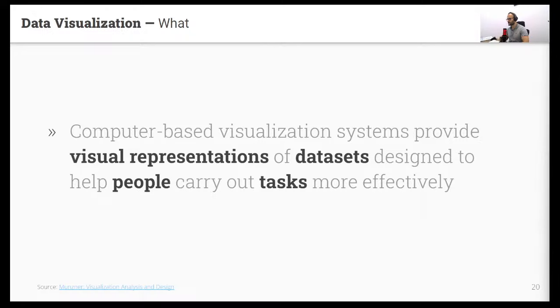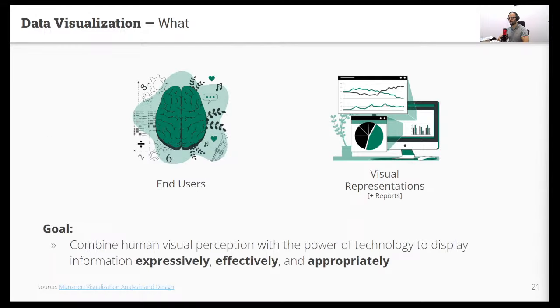Do they want to understand trends over time, or do they want to understand some type of correlation between, and so on? So there are many different tasks that the end users can do. But to narrow down for this specific webinar, we will mainly focus on the end user, not that much, but a little bit, and also the visual representations, and also reports, as I've mentioned.